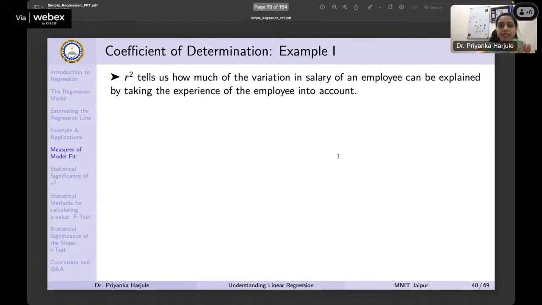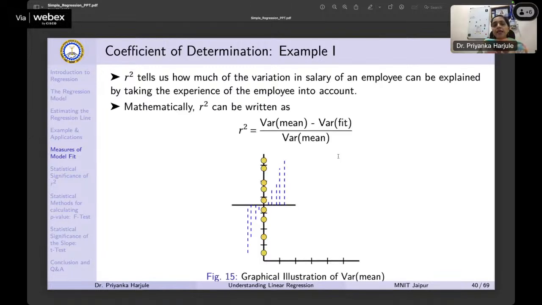What r squared will tell, as per the formula, is 1 minus SSE upon SST. That is 1 minus the proportion of the variation that is not explained by the model divided by the total variation. So r squared basically will tell us how much of the variation in the salary of an employee can be explained with the help of experience.